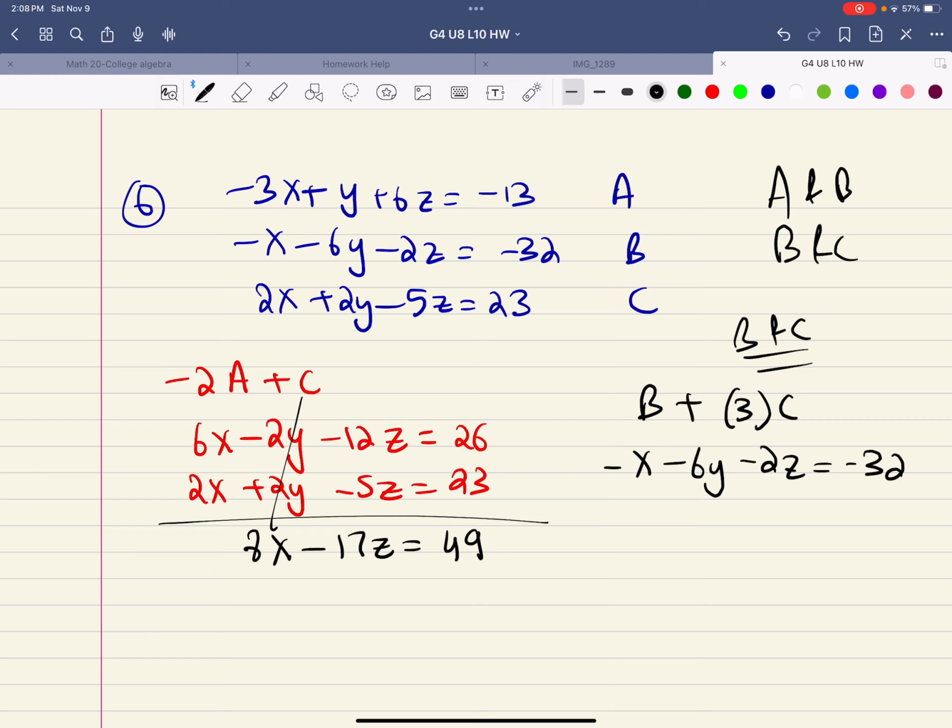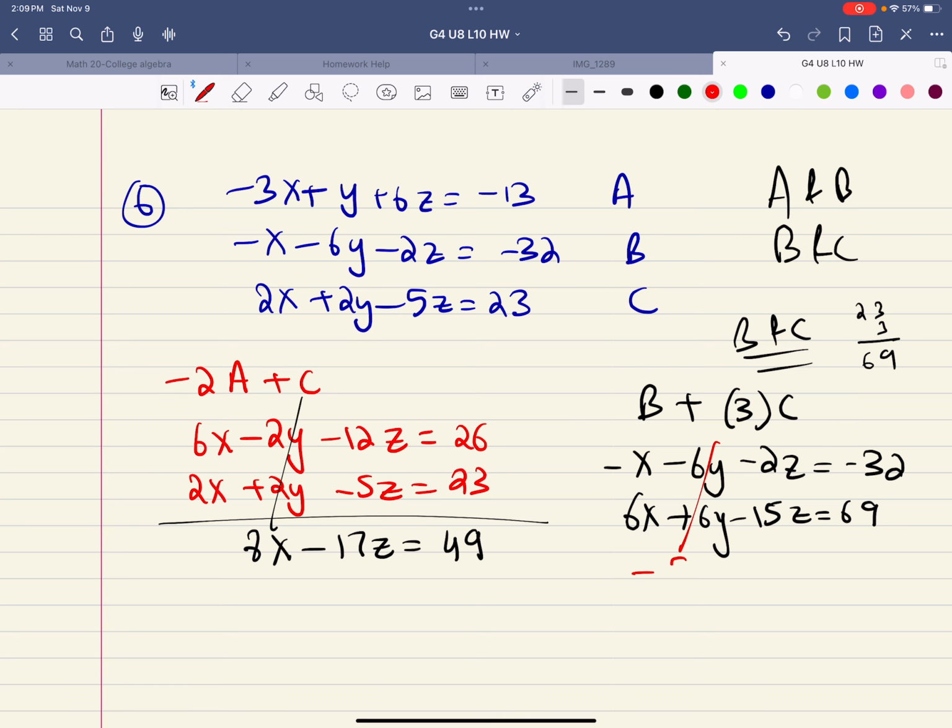C is multiply the C equation with the 3. 6x plus multiplying with the 3, right? 6y minus 15z equals 23 times 3. 23 times 3 is going to be 69. Yeah, 69. Okay, let's go ahead and add these up now, and we can get rid of these.